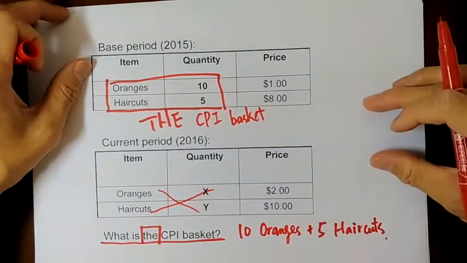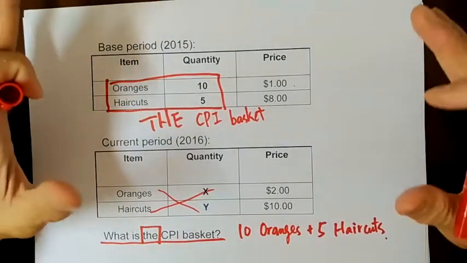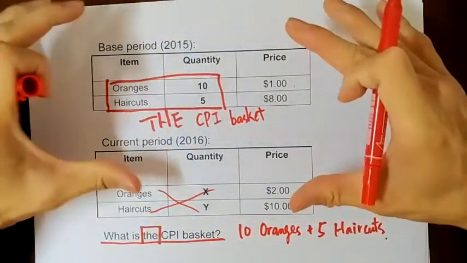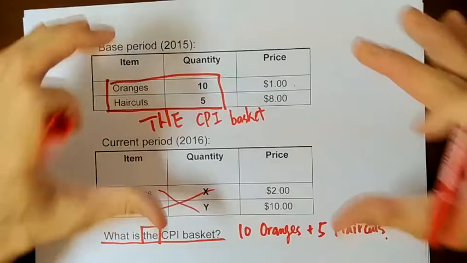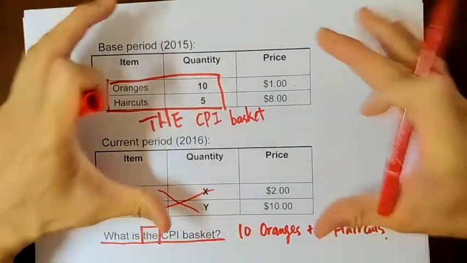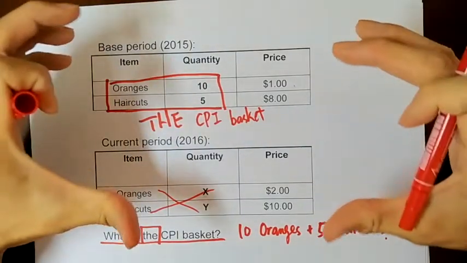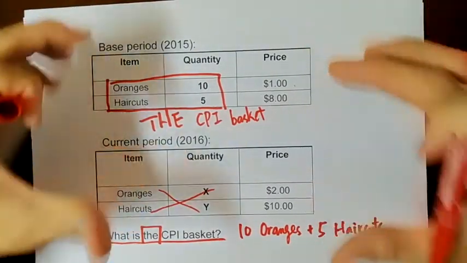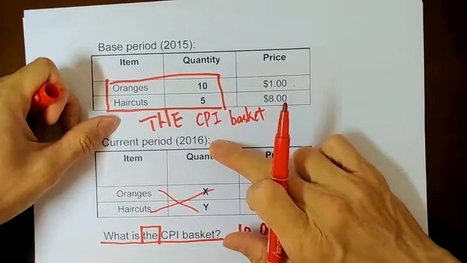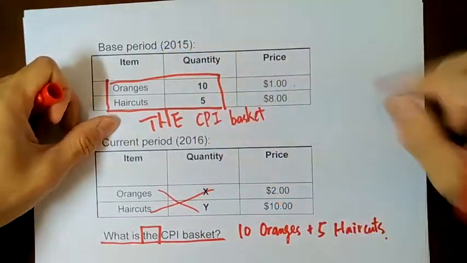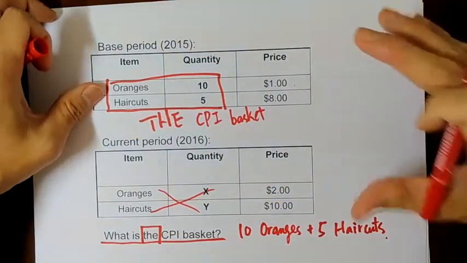Let me say it again. We want to know if we buy exactly the same goods, exactly the same basket of goods, will it be more expensive or cheaper in 2016 than in 2015? That's what we want to know.